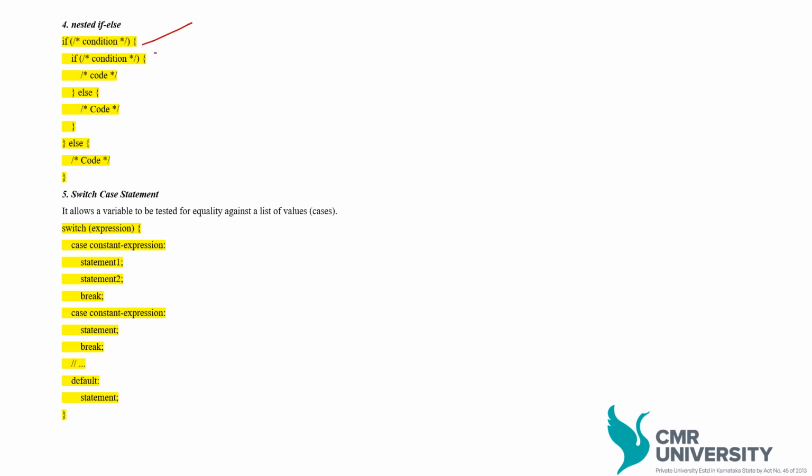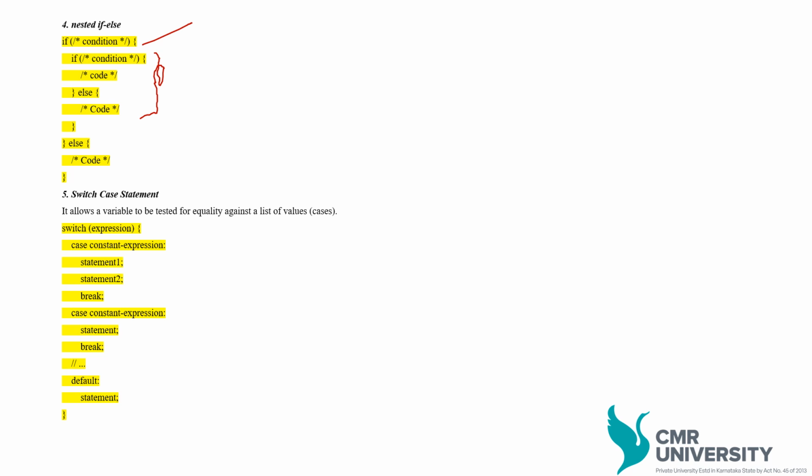In that, we will be having another if else statement inside that main if. This is the purpose of nested if else. It is commonly used if we want to execute many complex programs.